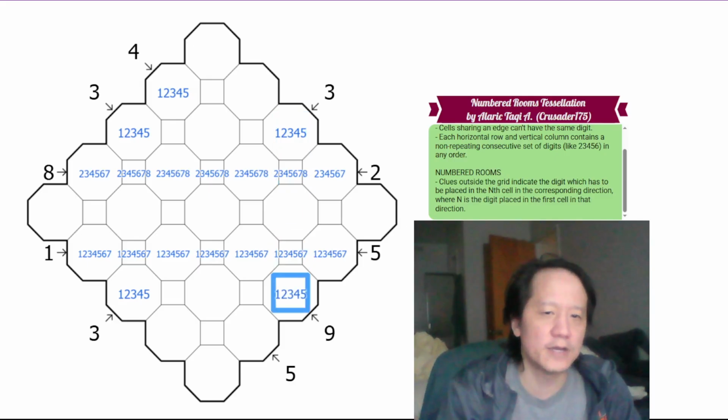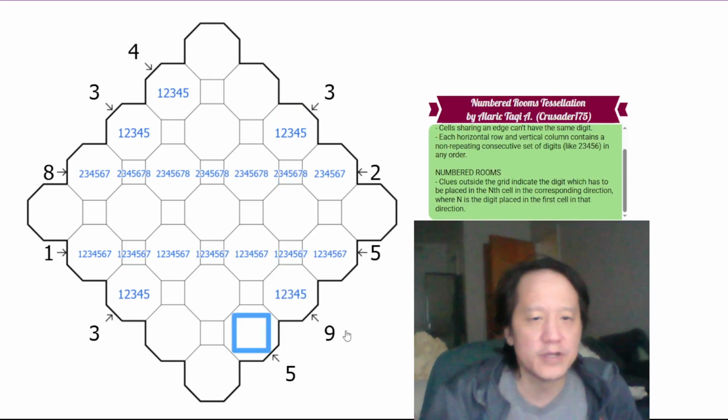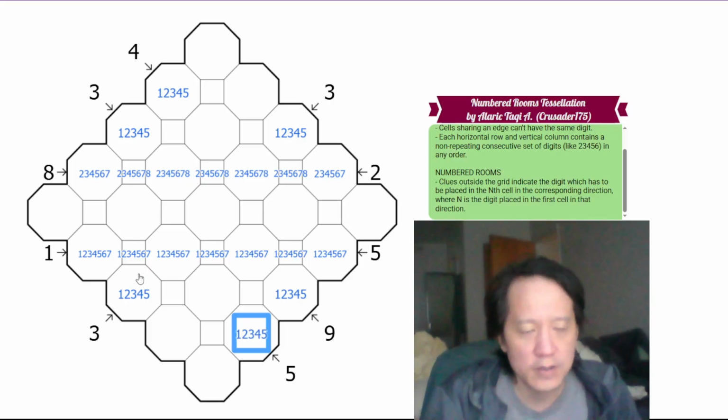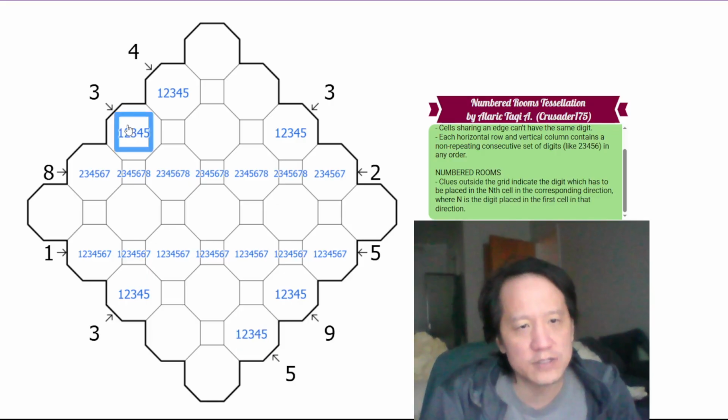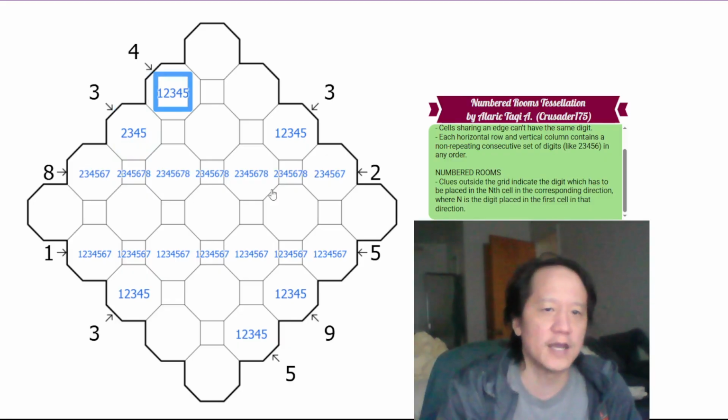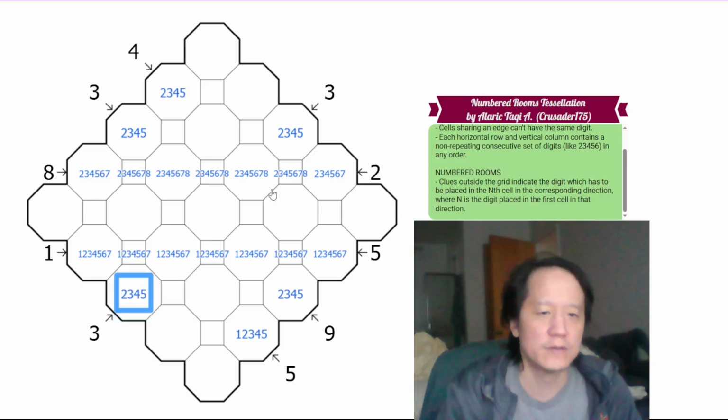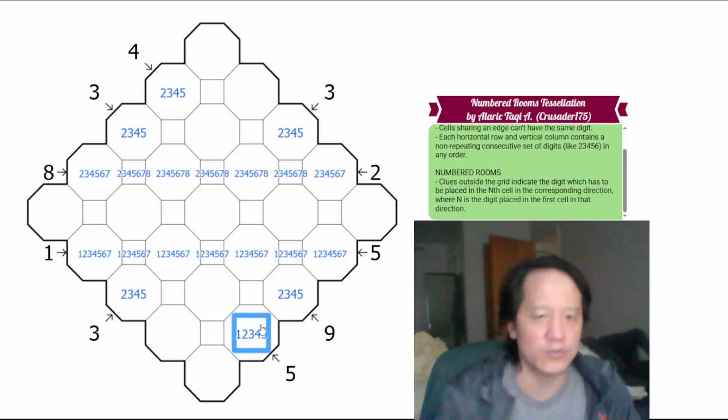And they cannot be 1, because if they were 1, the problem is they would say that 3 has to be in the first position, but 1 is already there. So this cannot be 1 here. This can't be 1. This can't be 1. This can't be 1.